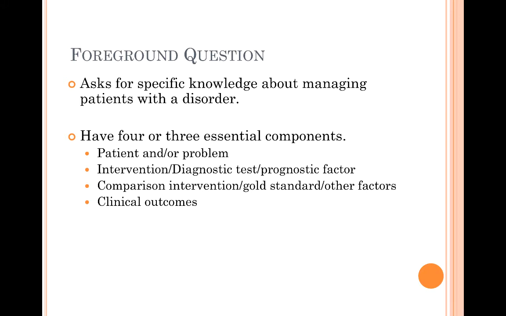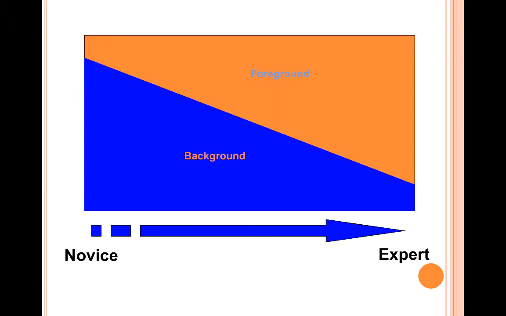And so you can see here patient or problem, intervention, diagnosis, comparison, or clinical outcomes. This is the PICO format. So most foreground questions can be formulated into this PICO format. I would suggest you review this as you study the slides. But this kind of foreground question really evolves as you develop skills and practice.